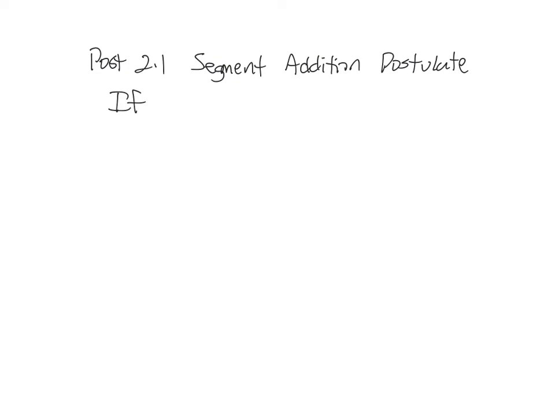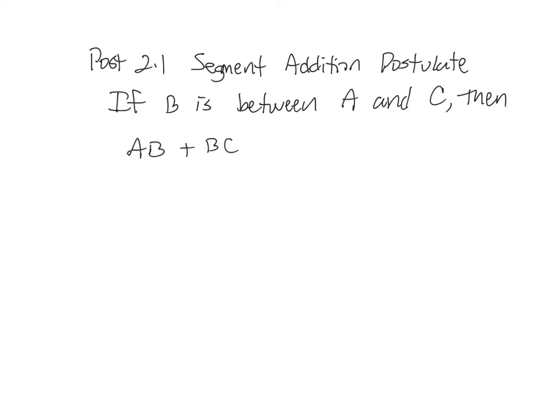So it's going to say if B is between A and C, then AB plus BC equals AC.